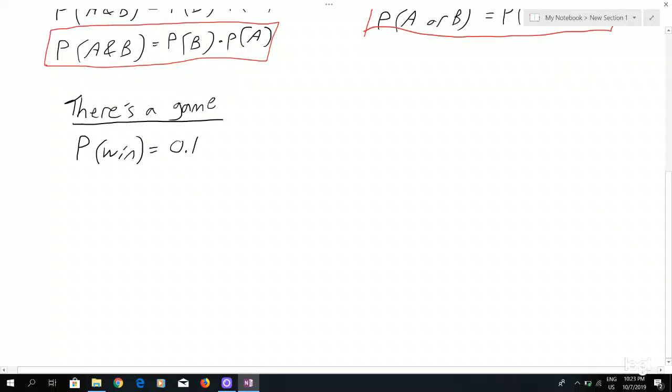You either win or you lose. Which means the probability of losing is everything else, 1 minus 0.1, which is 0.9. So each time you play, there's a 0.1 probability that you win and a 0.9 probability that you lose. So we're going to look at the situation more closely to study the binomial distribution.